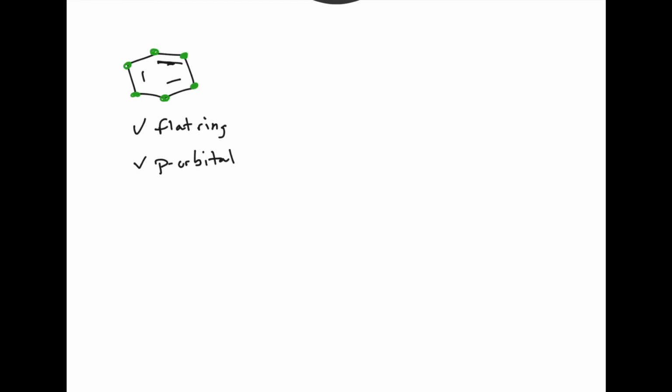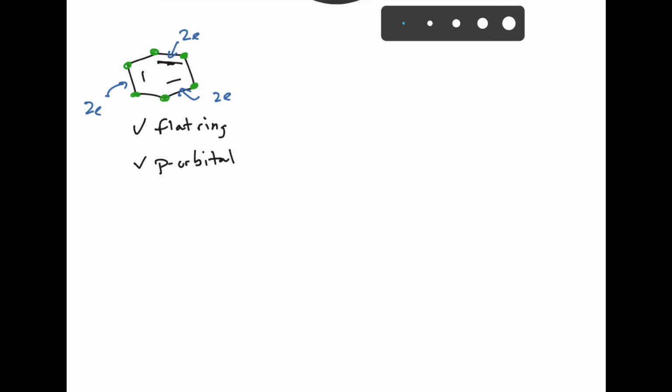Every double bond is worth 2 electrons. So I've got 2 electrons, 2 electrons, 2 electrons. So I have 2, 4, 6 electrons total. Six electrons.